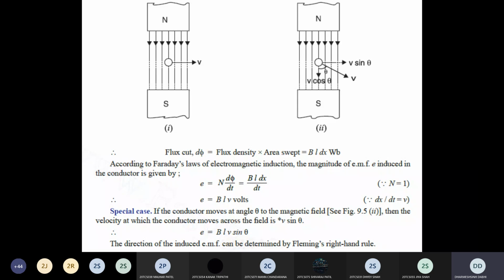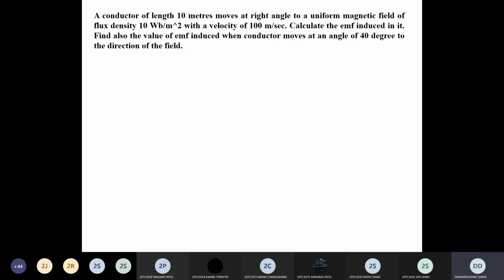Yes, sir. So now write down this example. I give this example for your homework. Just simply apply this equation and calculate the value of induced EMF. A conductor of length 10 meter moves at right angle to a uniform magnetic field of flux density 10 Weber per meter square with a velocity of 100 meter per second.